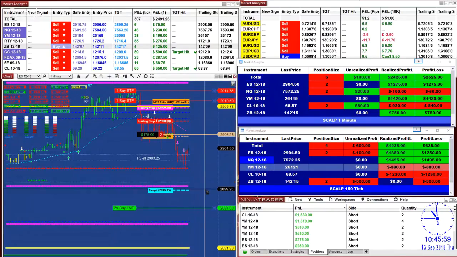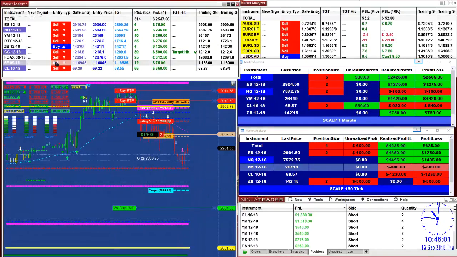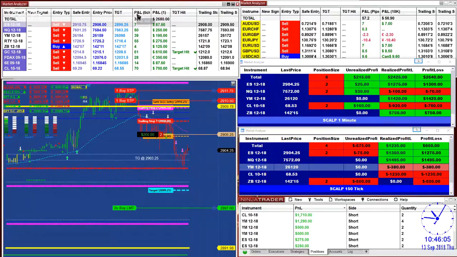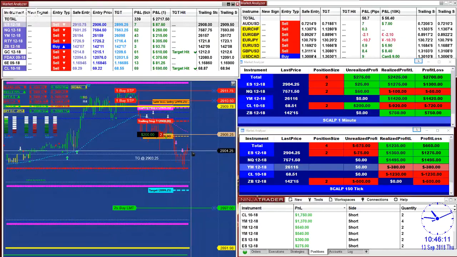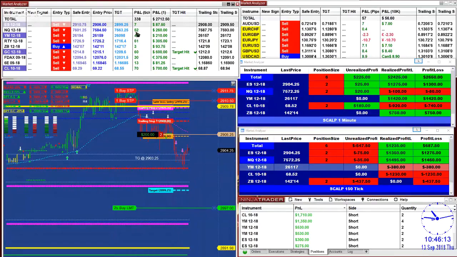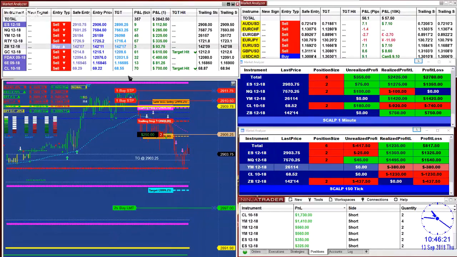We have here in this room today a total of 315 ticks: 2,680 ticks on the ES based on one contract, 50 ticks on the NASDAQ, 44 ticks on the YM, 65 ticks on the Russell, 3 ticks on the 30-year Treasury bond.